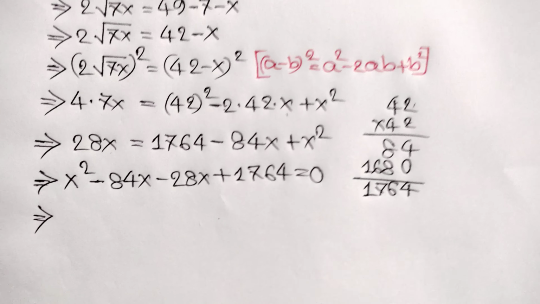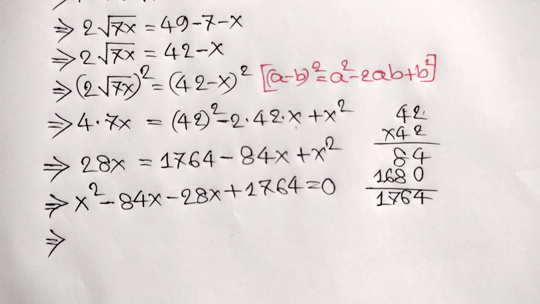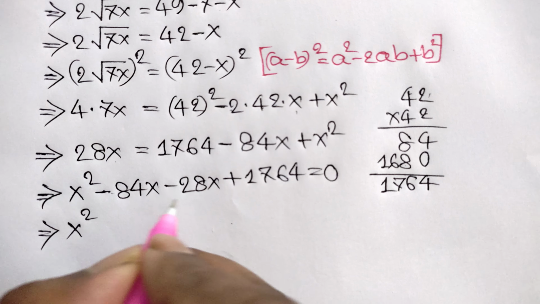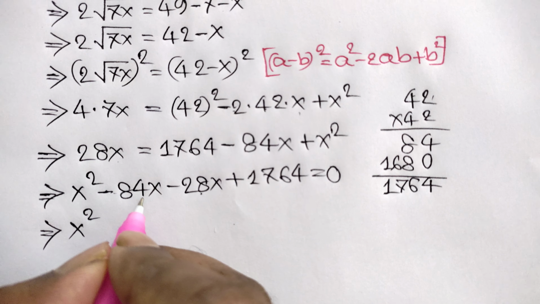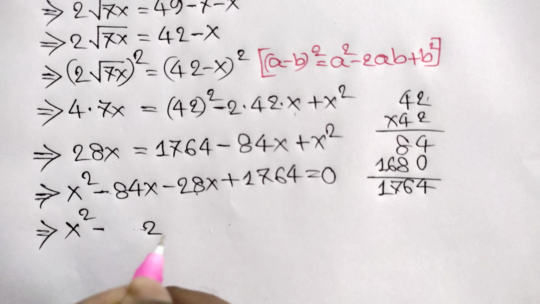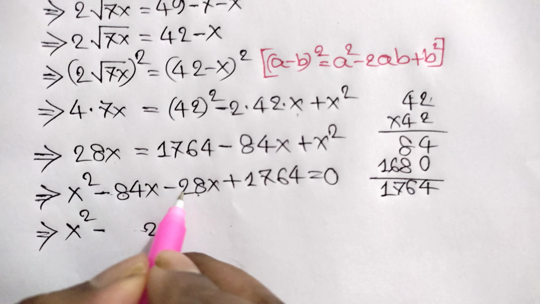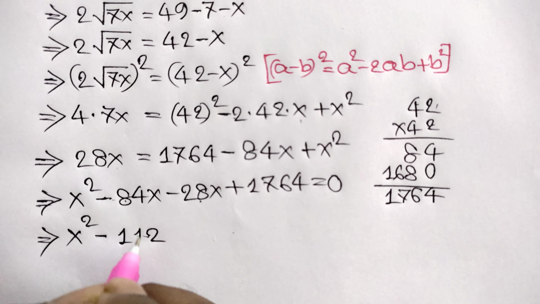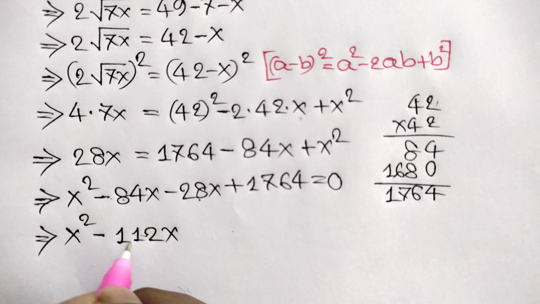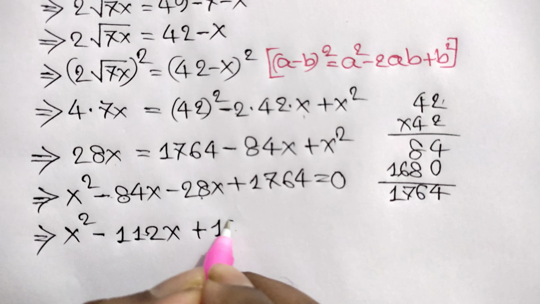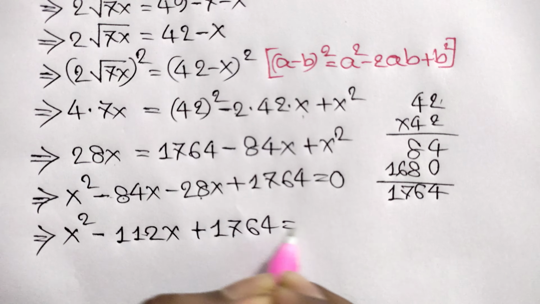Now adding these two numbers, 84 plus 28, we get 112, so here we will get x square minus 112x plus 1764 is equal to 0.